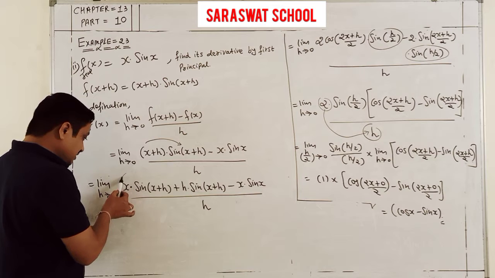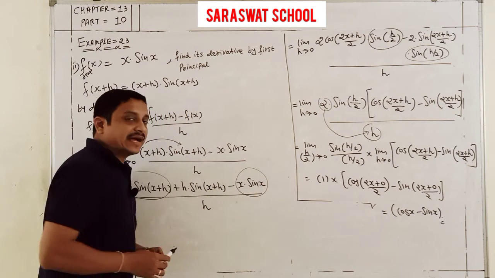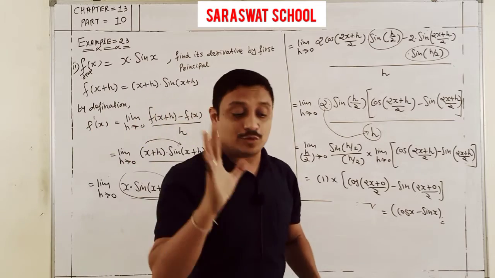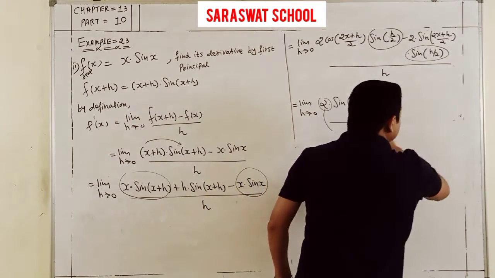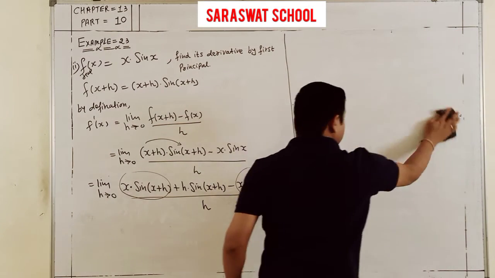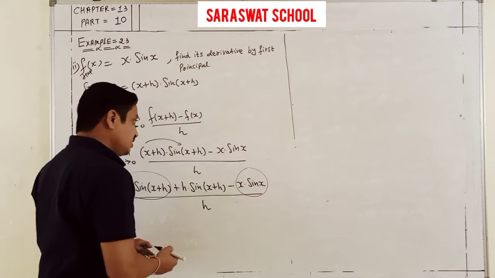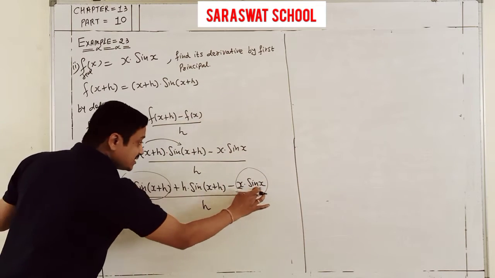Now look, students, this part and this part I will take as common, and after that you will decide the further property using your trigonometric parts. It's very easy. So here I will show that this part and this part are in common.